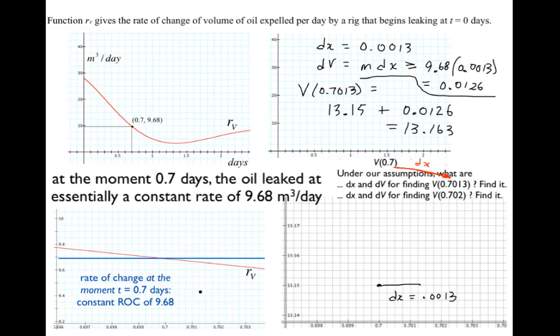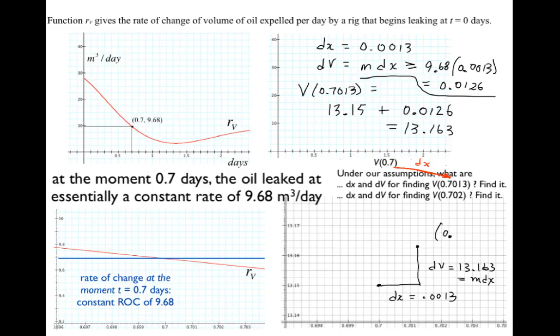As a result of that change in x at this constant rate, our change in volume was up to here. 13.163, which came from what? m dx. And that took us to a final volume of what? The original 13.15 plus the change 0.0126. And so then the coordinates of the final point are?